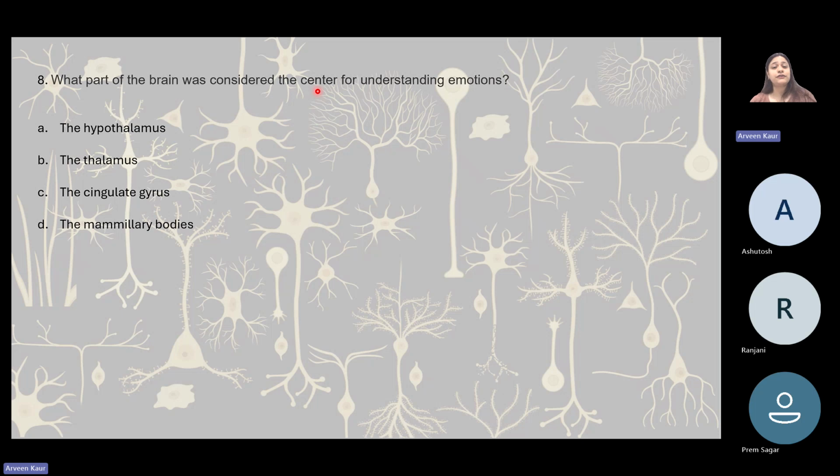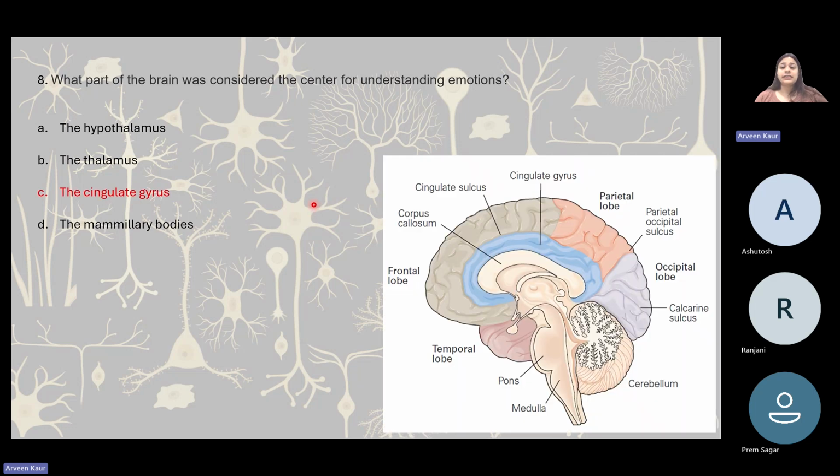It is which part of the brain is responsible for understanding the emotions, so the higher cognitive abilities are at play, wherein they are understanding whatever input is given to them. So, is it the hypothalamus, thalamus, cingulate gyrus, or the mammillary bodies? The correct answer for this one is cingulate gyrus. This region is the cingulate gyrus. It is just above the corpus callosum, as you can see.